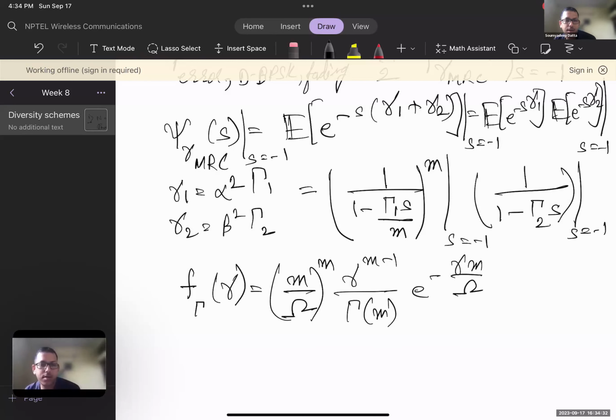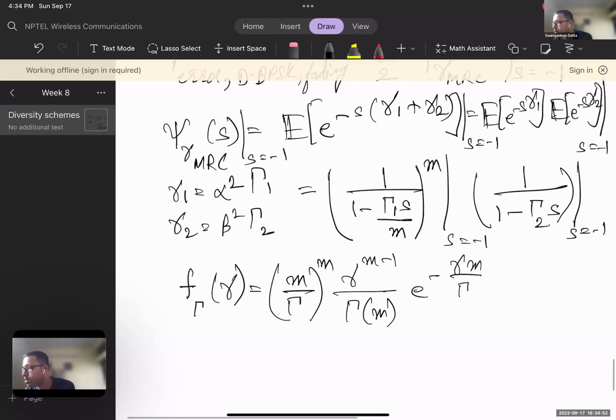So this is the PDF, and actually this is average SNR. So this is your average SNR. So here this gamma is nothing but the expectation of your average SNR, and this is the gamma function.